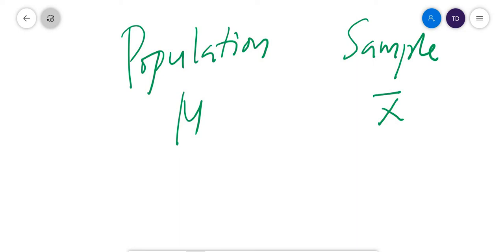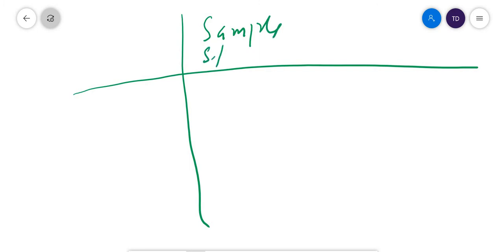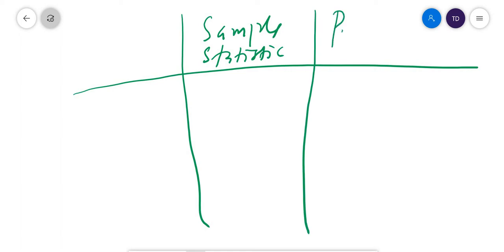If you want more clarity on the comparison between sample and population, I can tell you the parameters and the notations of the measurable characteristics. A sample, we call it as statistic, and a population we call it as parameter, population parameter.